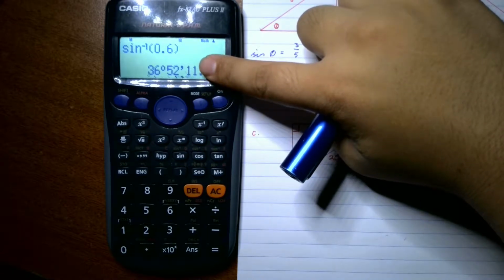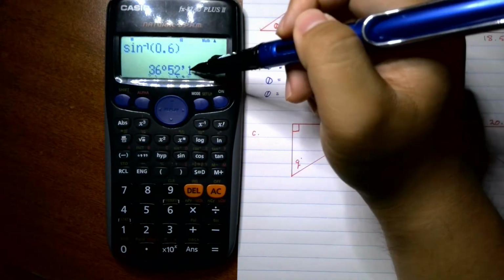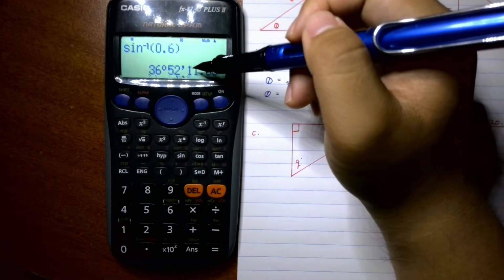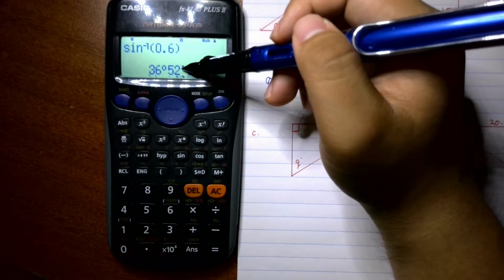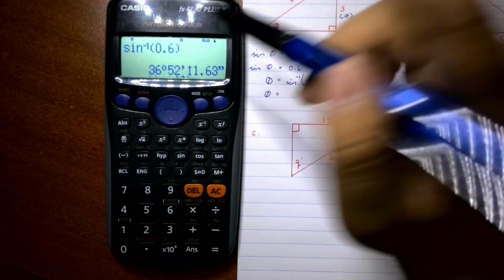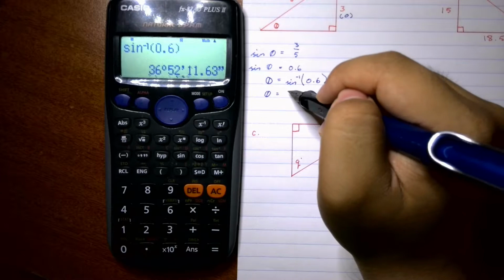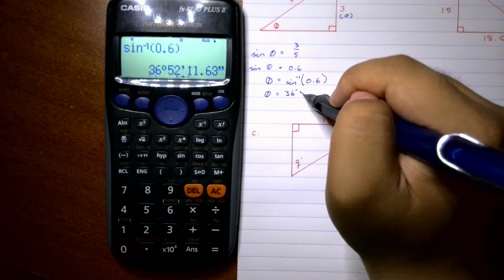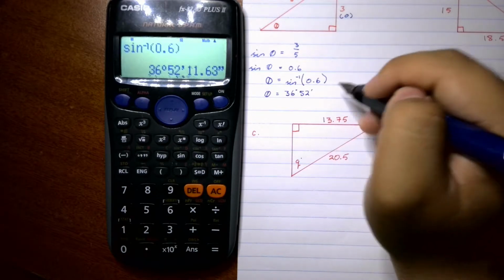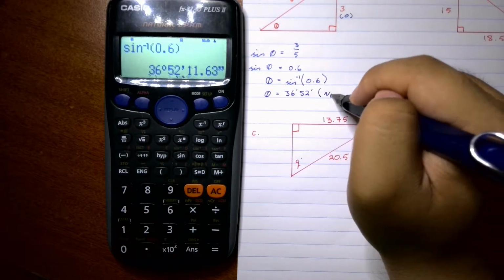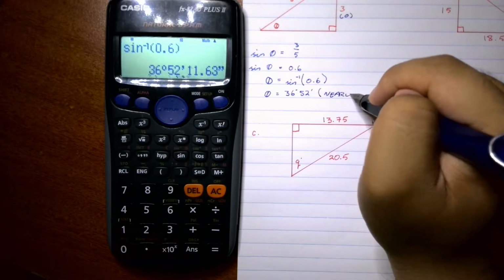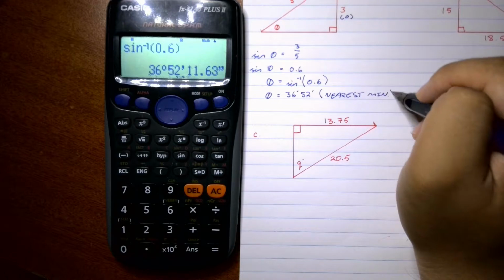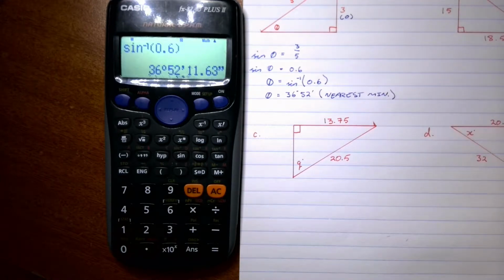There might be some rounding: if the seconds value becomes 30 or more, we round the minutes up by 1. So to the nearest minute we get 36 degrees, 52 minutes. We have to indicate that we have rounded to the nearest minute, min.